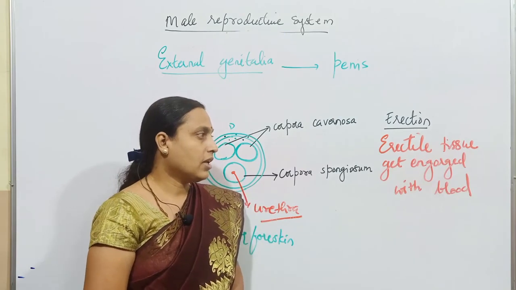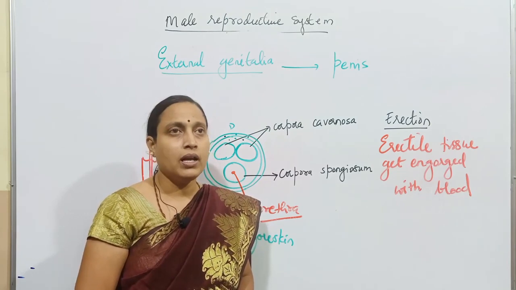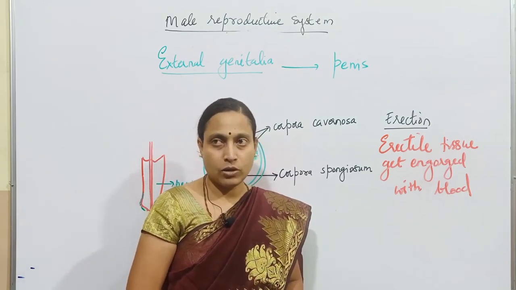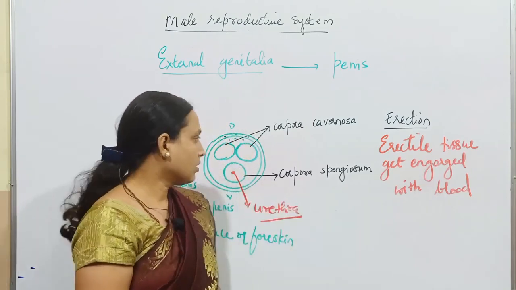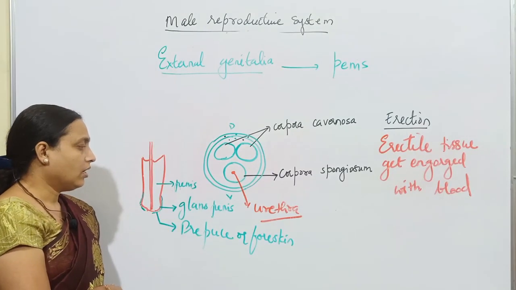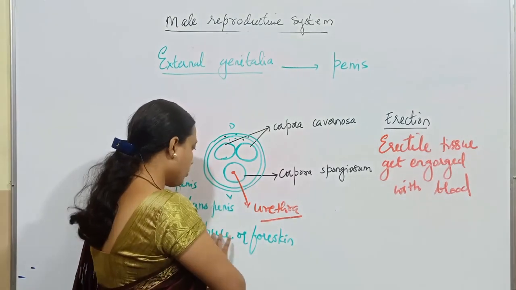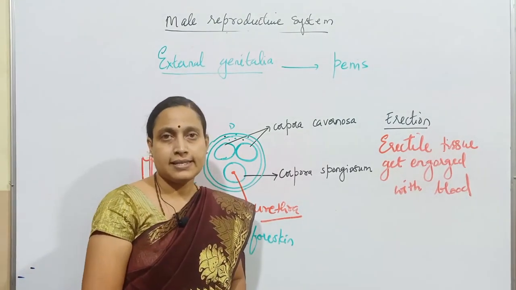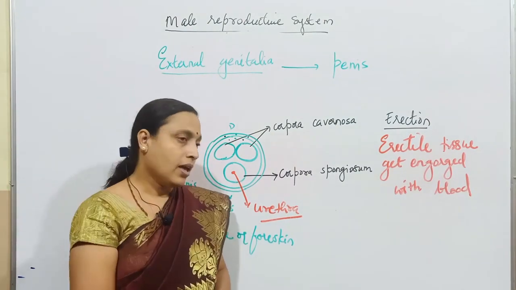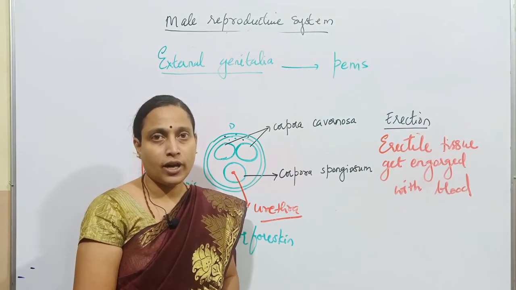Circumcision is common in certain religions, but nowadays it has also become common due to the belief that it can prevent penile cancer. This completes the external genitalia in the male reproductive system.